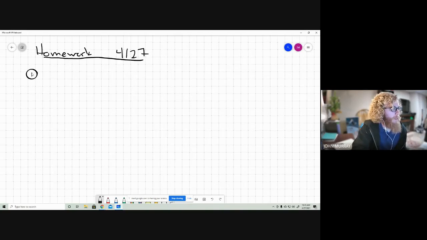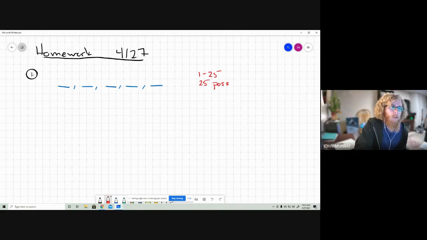All right, so like yesterday, we have 5 possible entries for each one of our lock combinations. For each one of these, we have the values 1 to 25, including 1 and 25, so we have 25 possible entries.